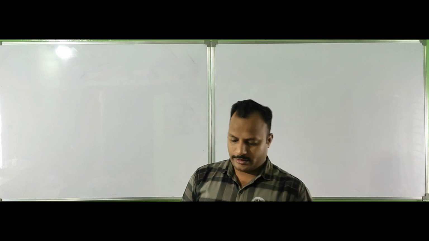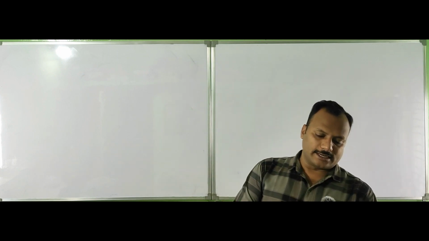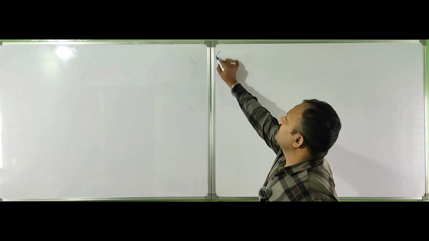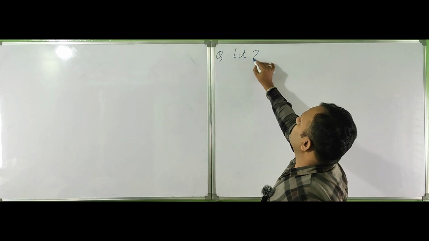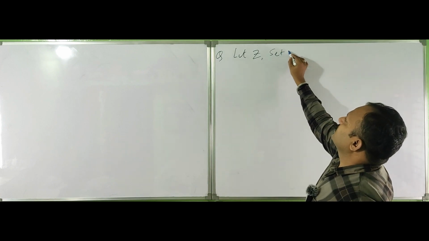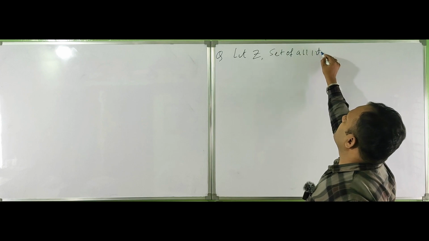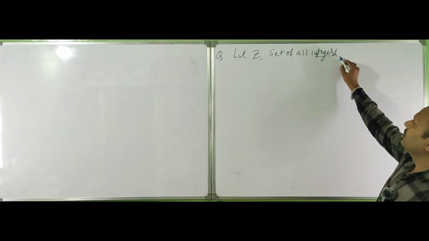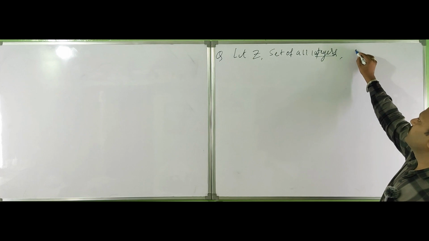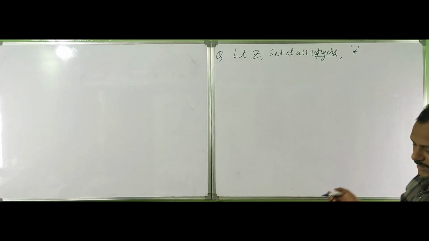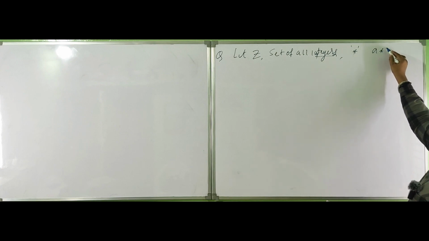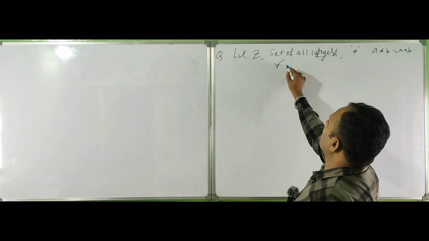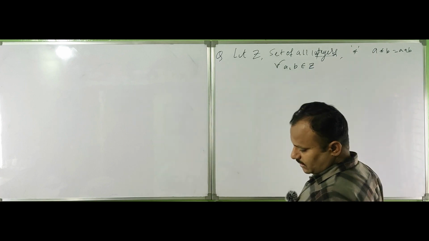The question is: let Z be the set of all integers and star be an operation on Z defined by A star B is equal to A plus B, for all A, B belonging to Z.